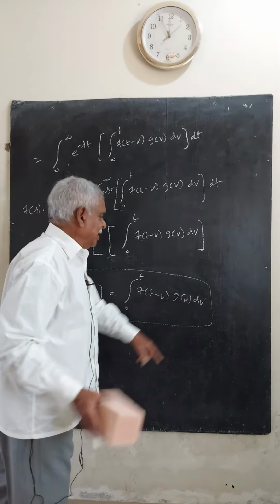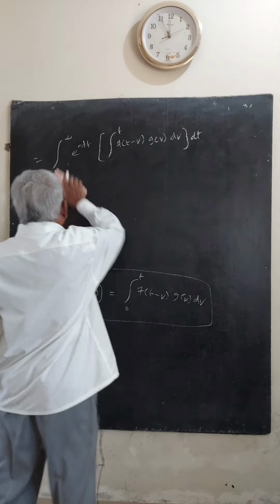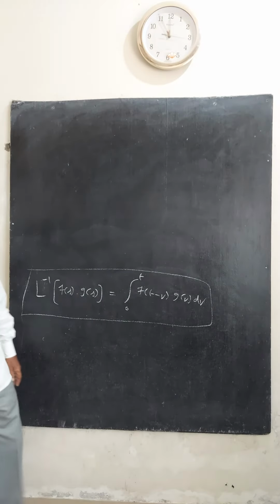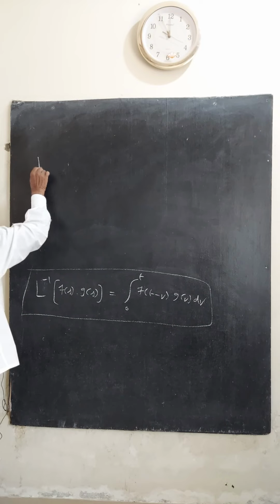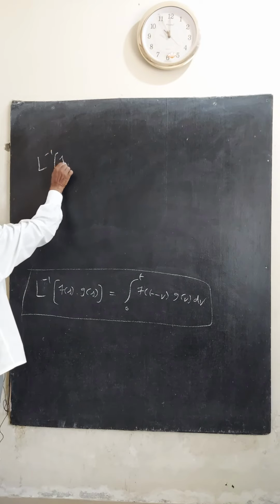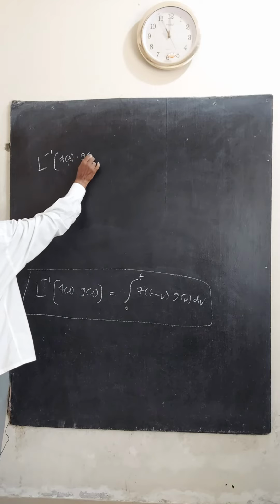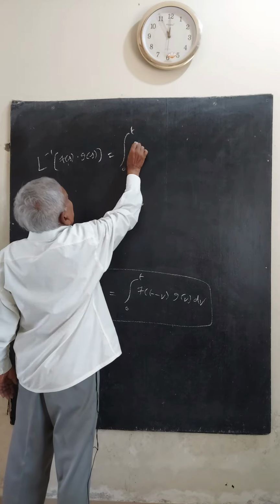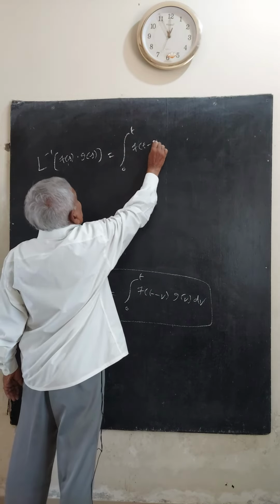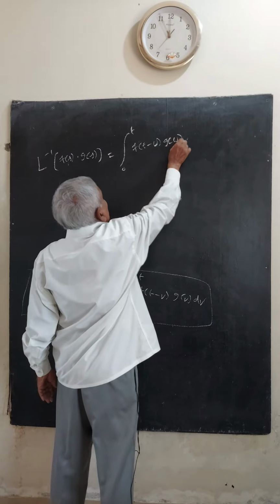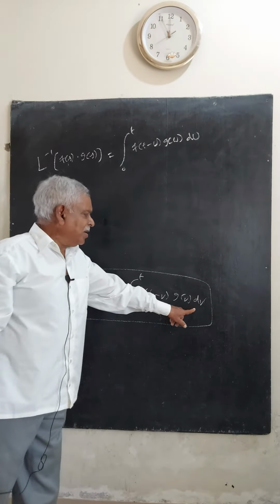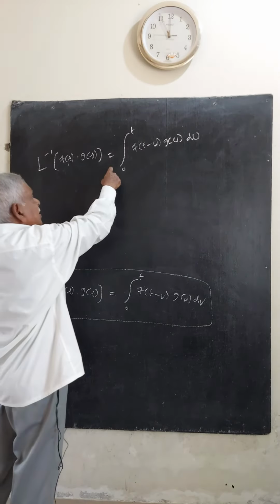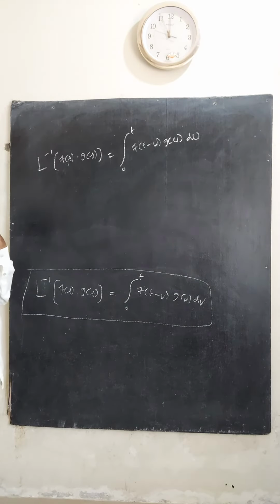Again, we can change the variable v as u. L inverse of f of s into g of s equal to 0 to t f of t minus u g of u du. We have dummy changed: instead of v, we have taken u. This is the step we use in solving sums.